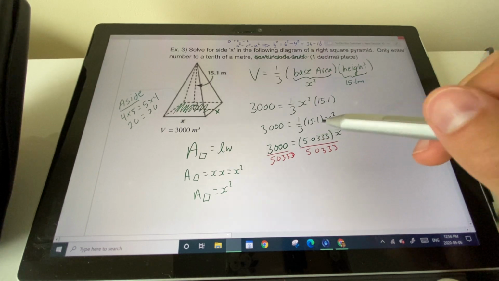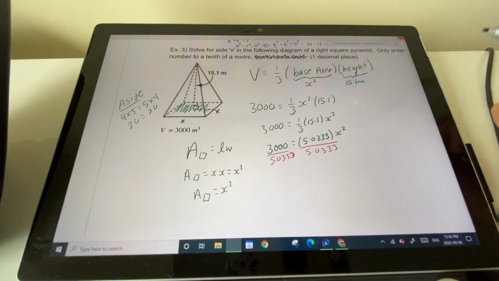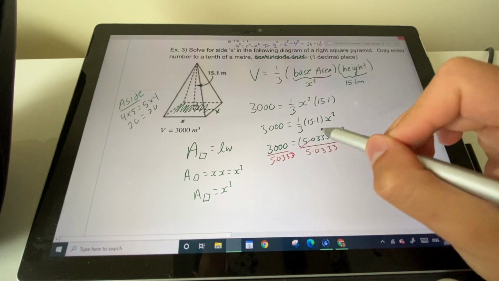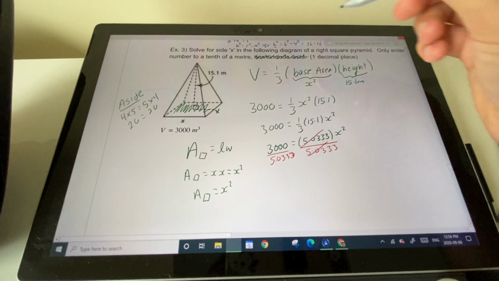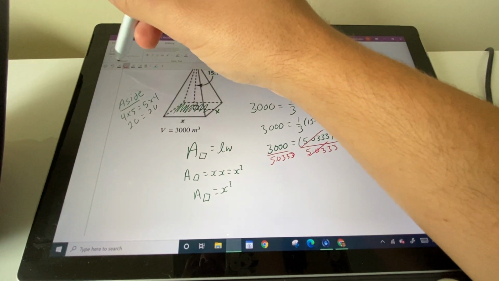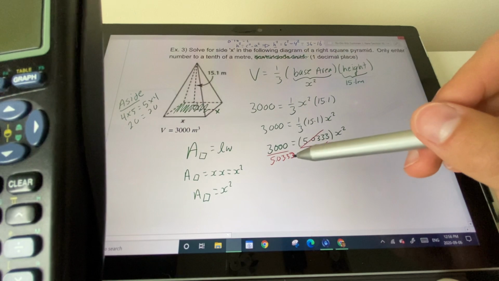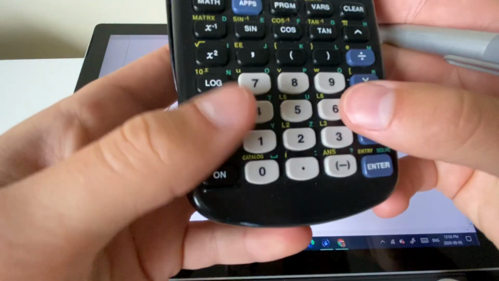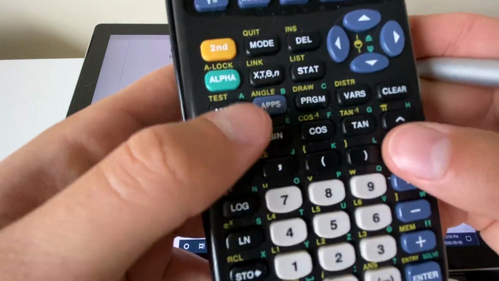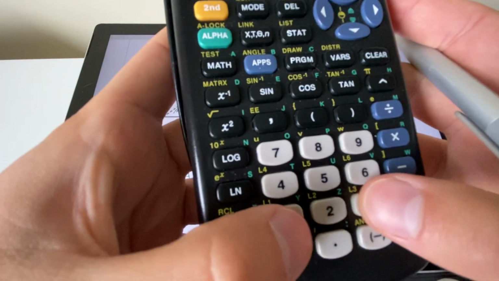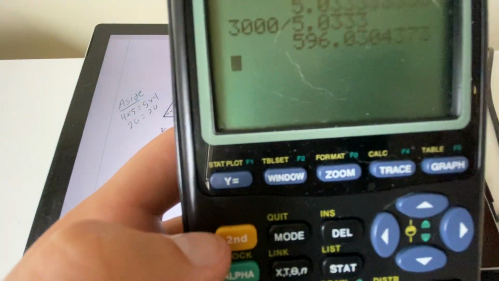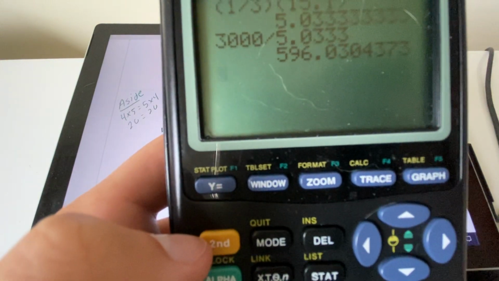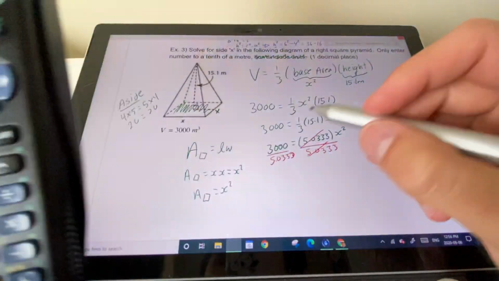This is going to look a lot more difficult in later chapters. This cancels out, and you are left with 3,000 divided by 5.0333. That's going to give me 596.0304.